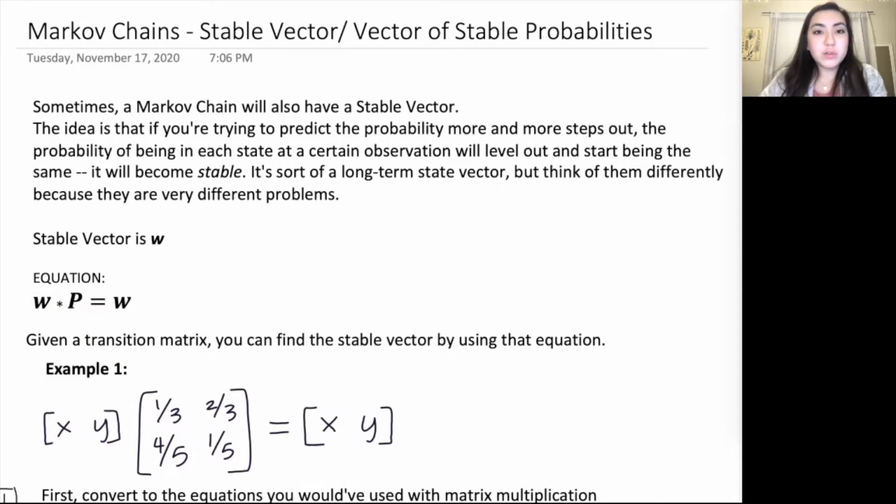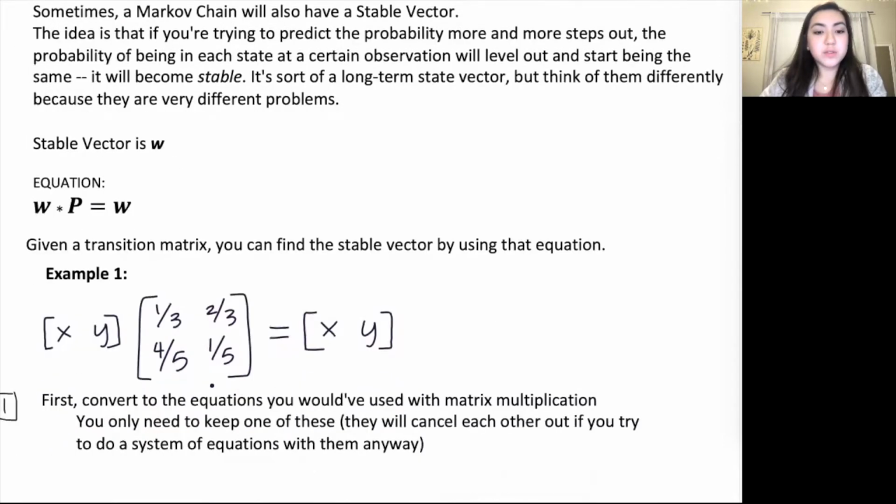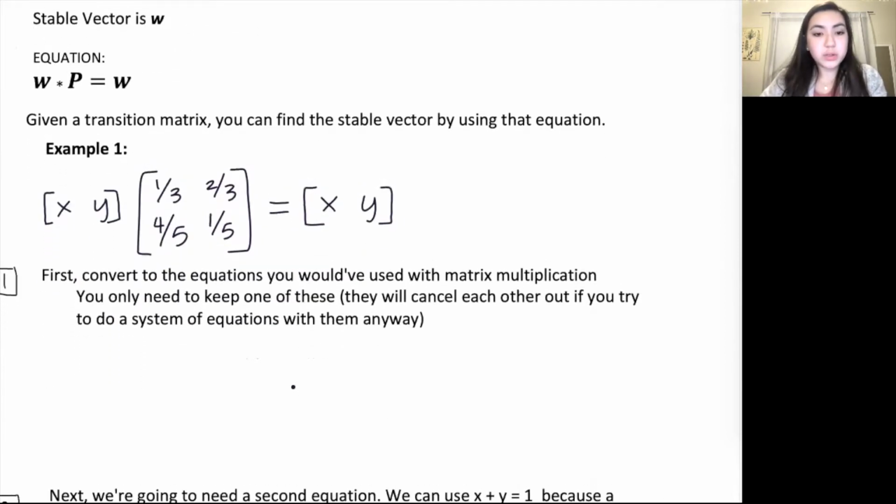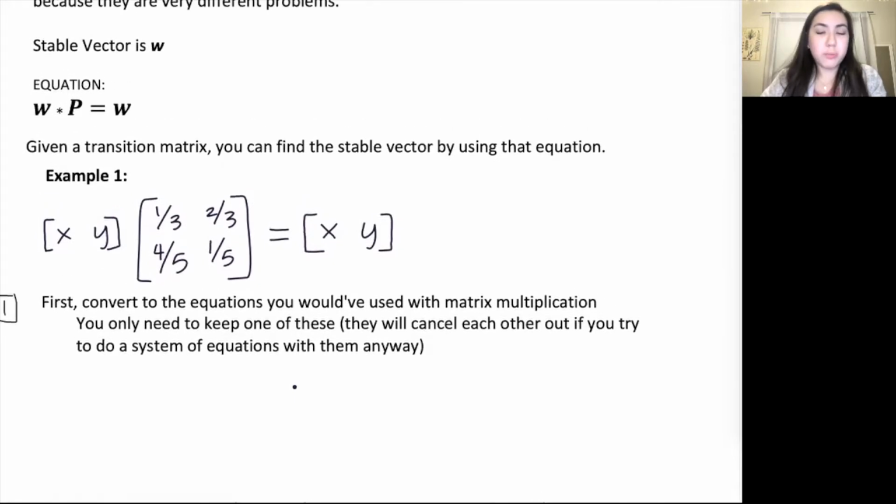All right, so the first thing we're going to do is convert this into equations that we can use in a system of equations. The equations we're going to use are the ones you would use in matrix multiplication. So if you wanted to, for instance, get this value by doing the multiplication here, you'd take this row, multiply by this column to get this value.